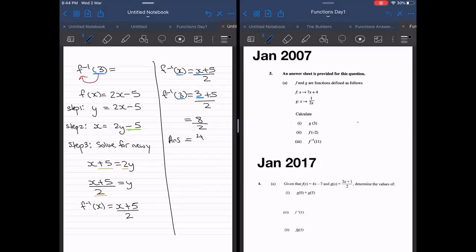All right, guys, so the final question we're doing for today is 2007. So those who are finished, go ahead and try. All right, so in terms of the other questions, you would be able to attempt most of them.